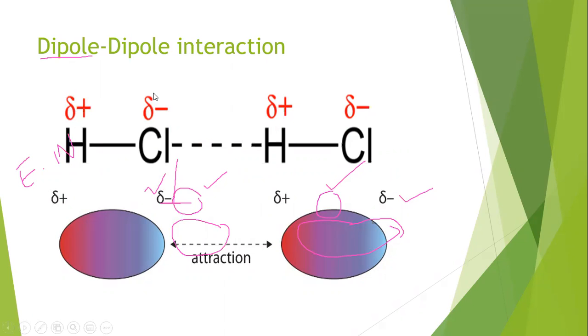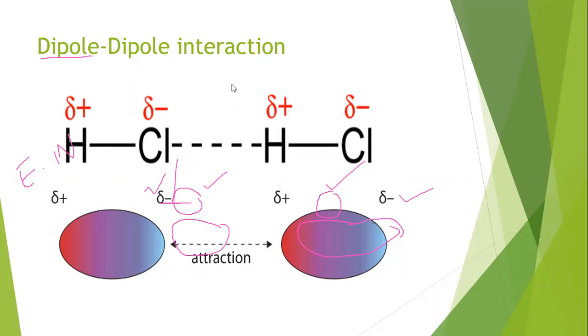Due to the partial negative charge of this chlorine atom and the partial positive charge of another HCl molecule, they attract each other, and their attraction is represented as a dotted line because these are weak forces. Covalent bonds are represented as a straight line. Intermolecular forces are represented as a dotted line.